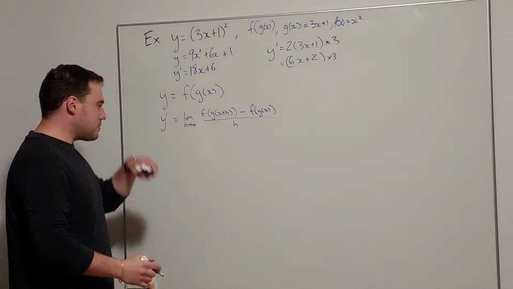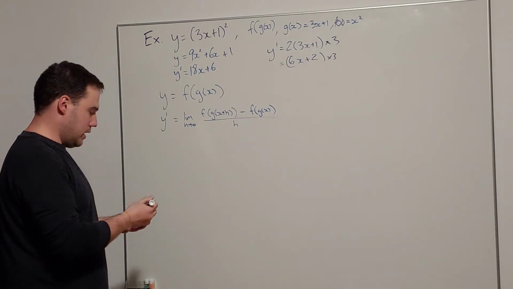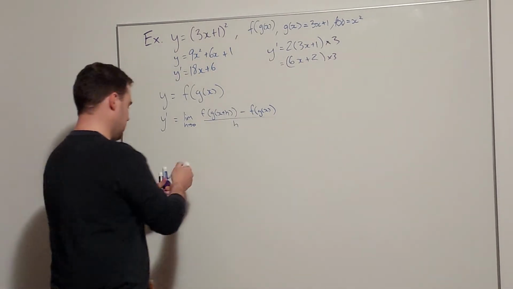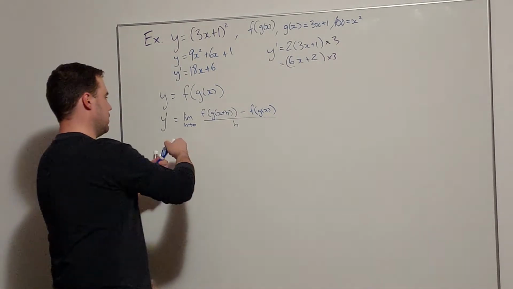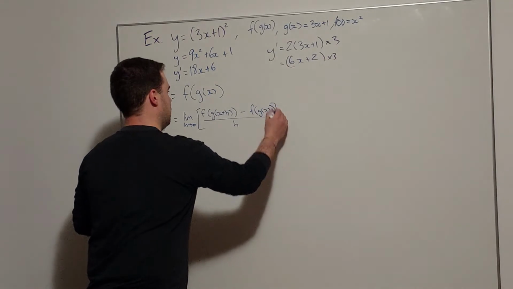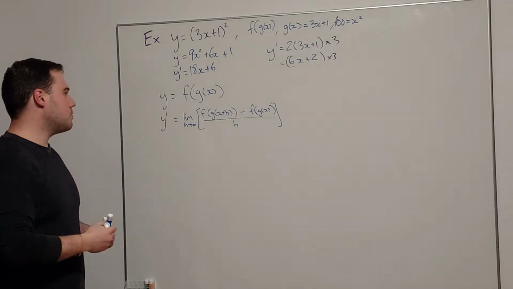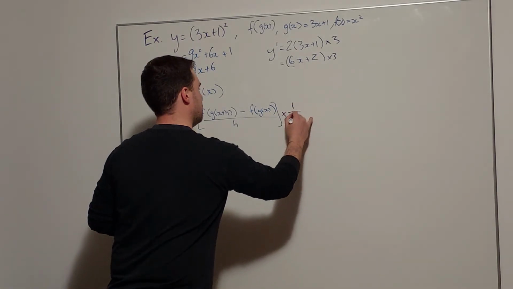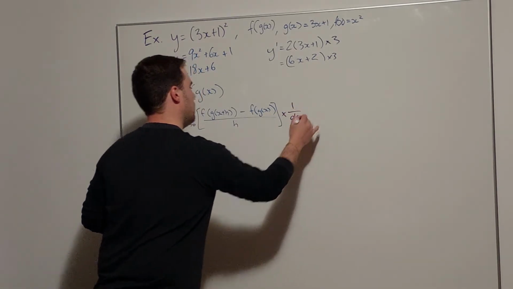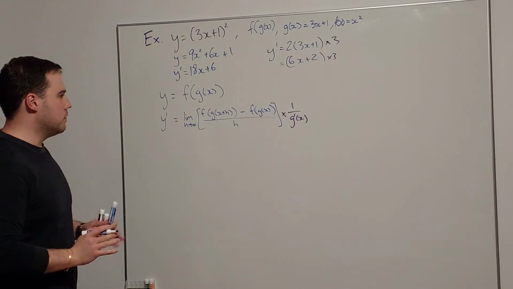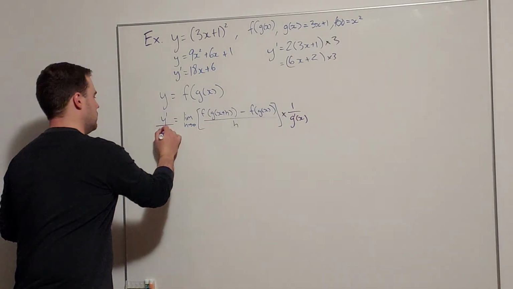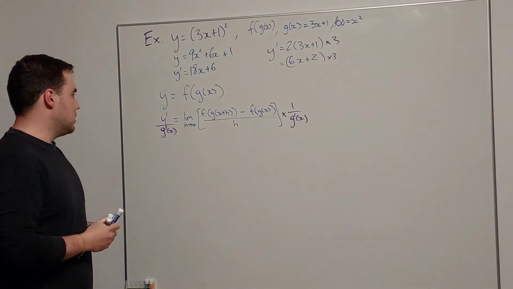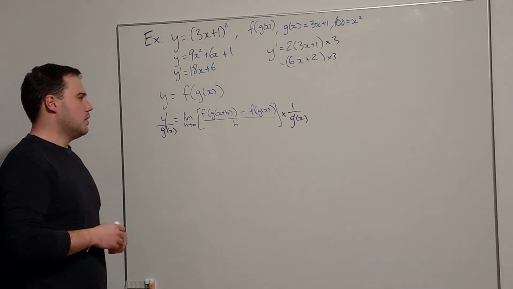Okay, so this move is going to seem a little bit cheeky. Let's say this limit is just applying to this here. Let's times both sides of our equation by whatever the derivative of g of x happens to be. Right, so times by 1 on that is going to be the same as dividing by it.